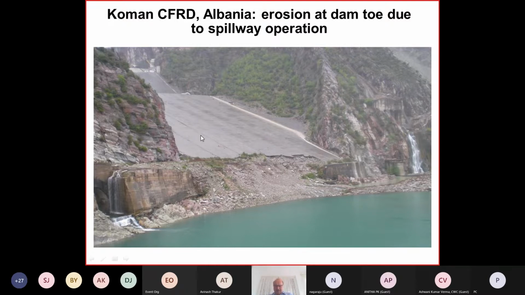So the surface protection in the downstream area is also a concrete slab, which protects the gravel fill material from erosion, you see here. But from the operation of the spillway, there are two tunnel spillways on this side, it creates a big eddy, a vortex, with relatively high velocity, which causes erosion, you see, of the dam toe.